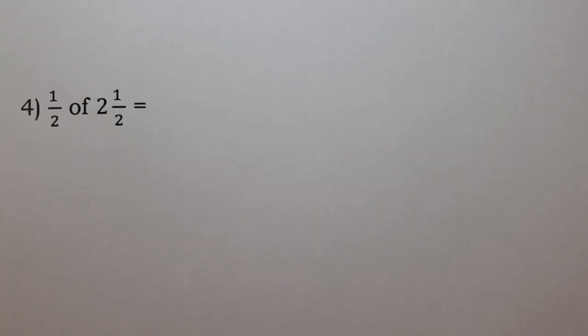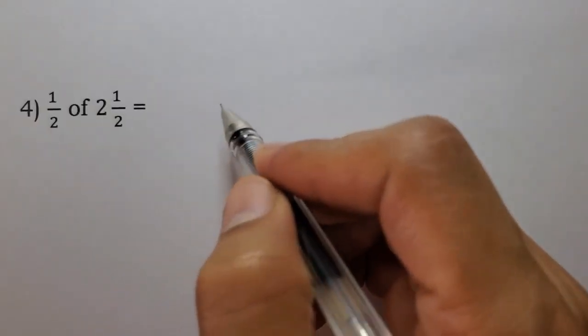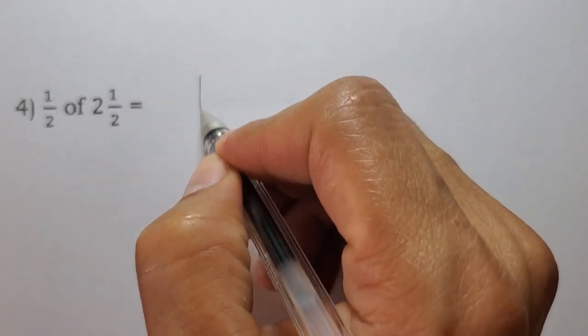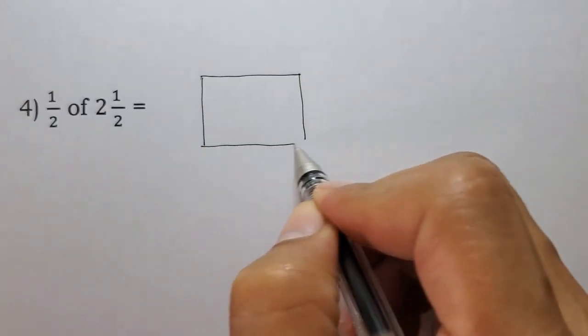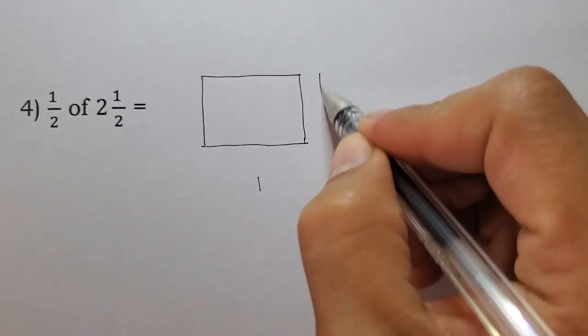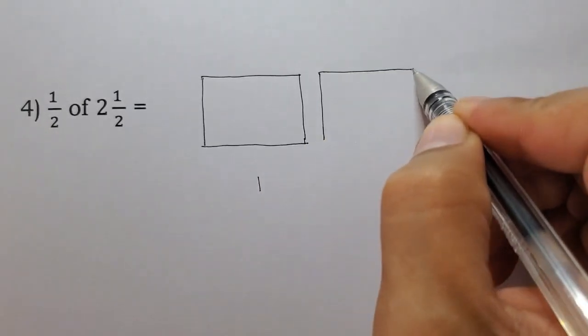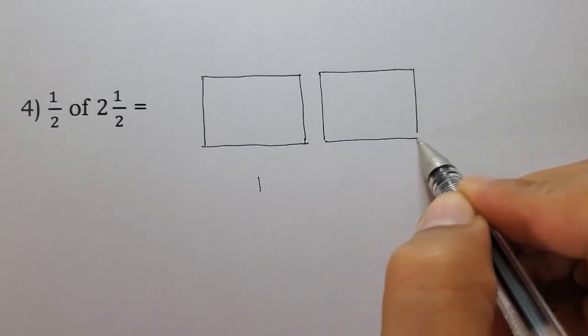Let's try this one. 1/2 of 2 and 1/2. The first thing that we have to illustrate here is the 2 and 1/2. So all we have to do is to make 2 and 1/2 models. So that's one. We have another one that makes us 2.